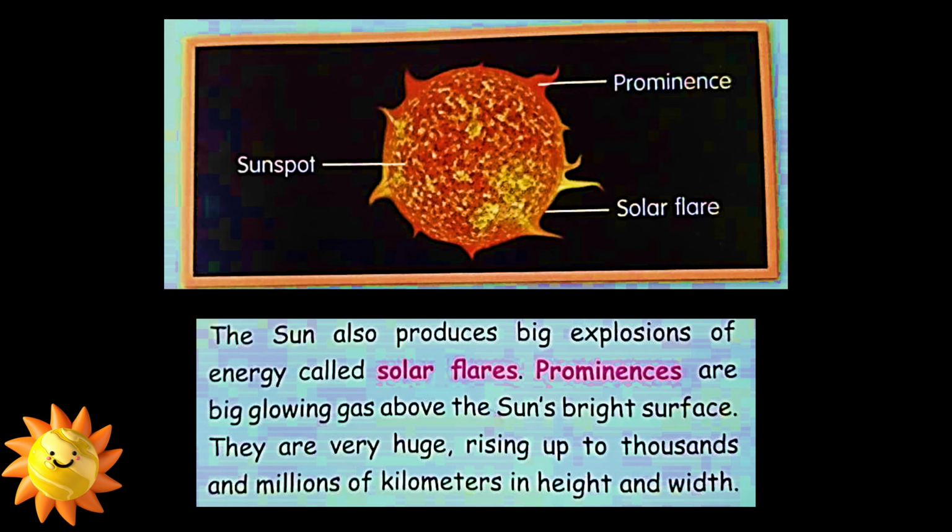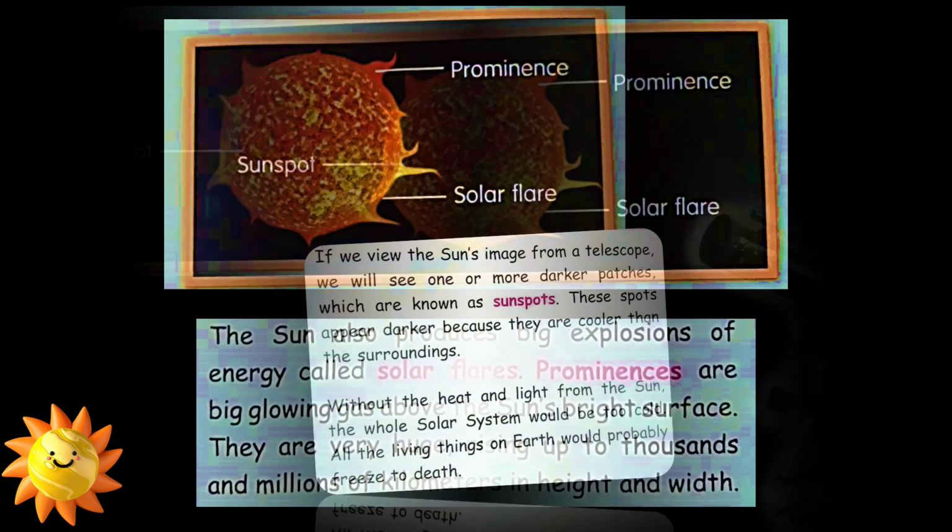Solar flares. Next one, prominences. Prominences. So prominences are big glowing gas above the sun's bright surface. They are very huge, rising up to thousands and millions of kilometers in height and width.